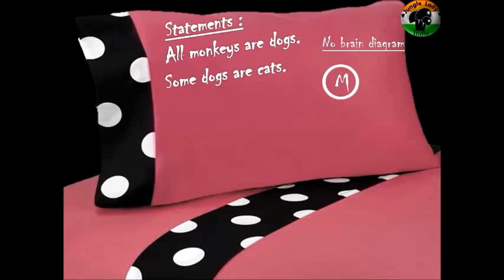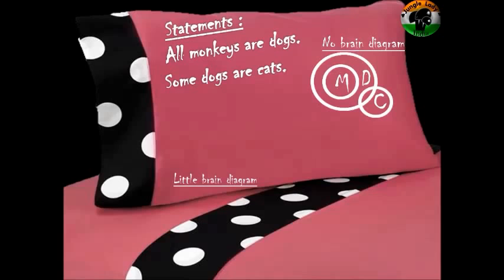Monkeys as the inner circle and dogs as the outer circle. Reading out the second statement, "some dogs are cats". Since "some" is given, I have to draw the intersection diagram between dogs and cats. Please don't use your imagination or intelligence. Just draw the intersection between dogs and cats. That's more than enough.